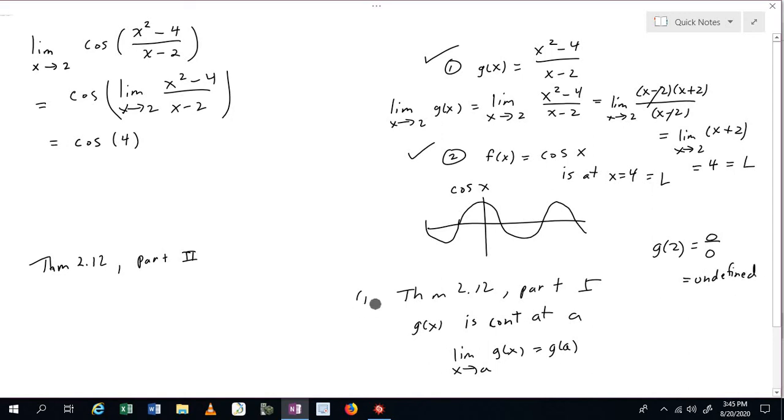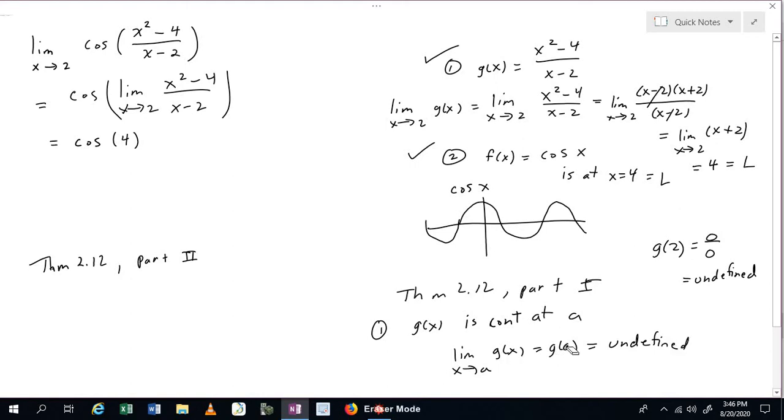So this first condition wouldn't have been satisfied if you had tried to appeal to the first part of Theorem 2.12, because this limit is not equal to g of a, because g of a is undefined.